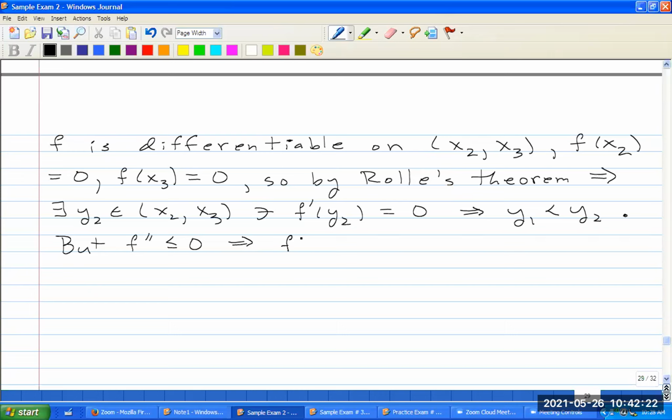So that says that the first derivative here is non-increasing.